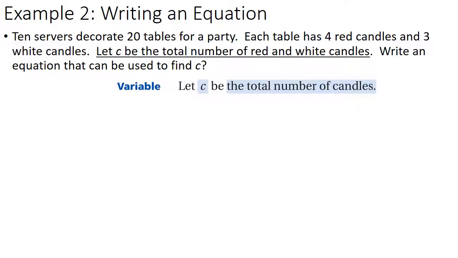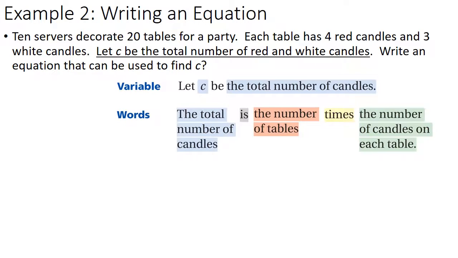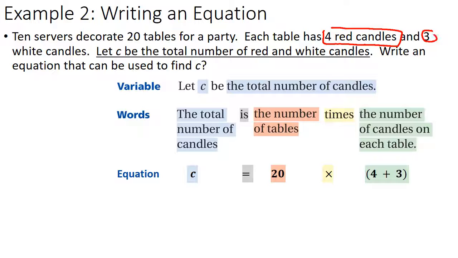Once we know that, we can use the same kind of logic that we used in our last problem in order to set up an equation this time around. We can say that the total number of candles is the number of tables times the number of candles on each table. There are 4 red candles and 3 white candles for a total of 7 candles on each table.